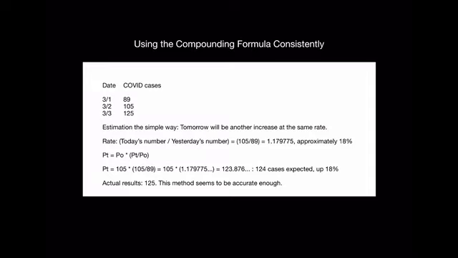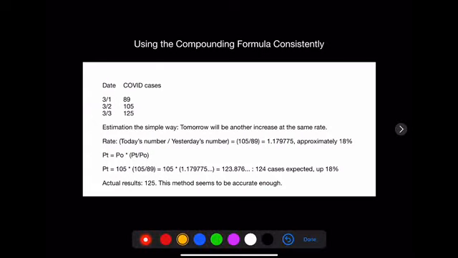So anyway, if we take the simple arithmetic, we've got an increase of 18% from the 1st of March to the 2nd of March. And if we assume that that will happen again from the second to the third, we take our percent change, or we can calculate it again that way.